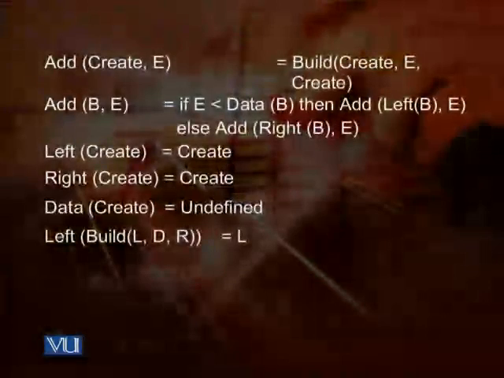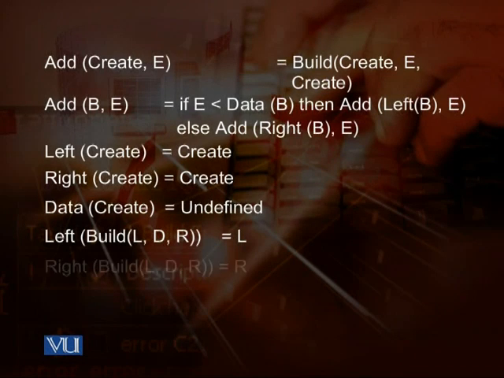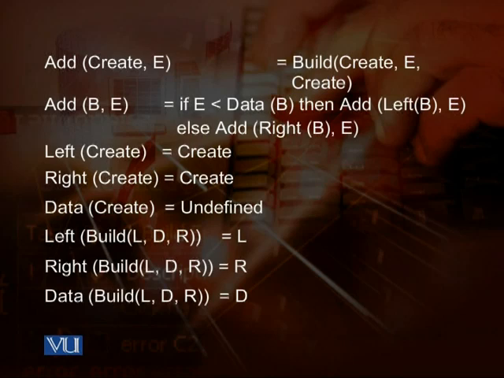Then we have the left of build LDR, where L is the left subtree, D is the data, and R is the right subtree. So left of build LDR is going to be L, and right of build LDR is going to be R, and the data of build LDR is equal to D. Once again, this is a straightforward specification.